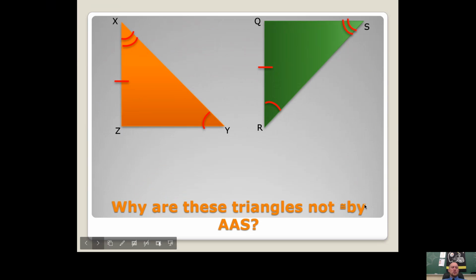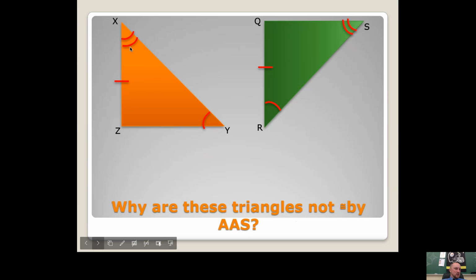So why are these triangles not congruent by angle side? You got two pairs of congruent angles, and we have a pair of congruent sides, and this side is not included, and this side is not included, but they're not congruent by angle side. How come? Well, it's what we just talked about. This non-included side does not correspond with this non-included side.